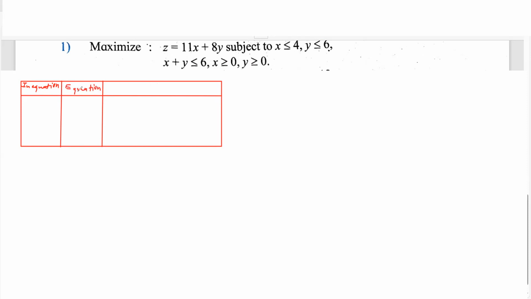And then the next one that you all know is the intercepts.